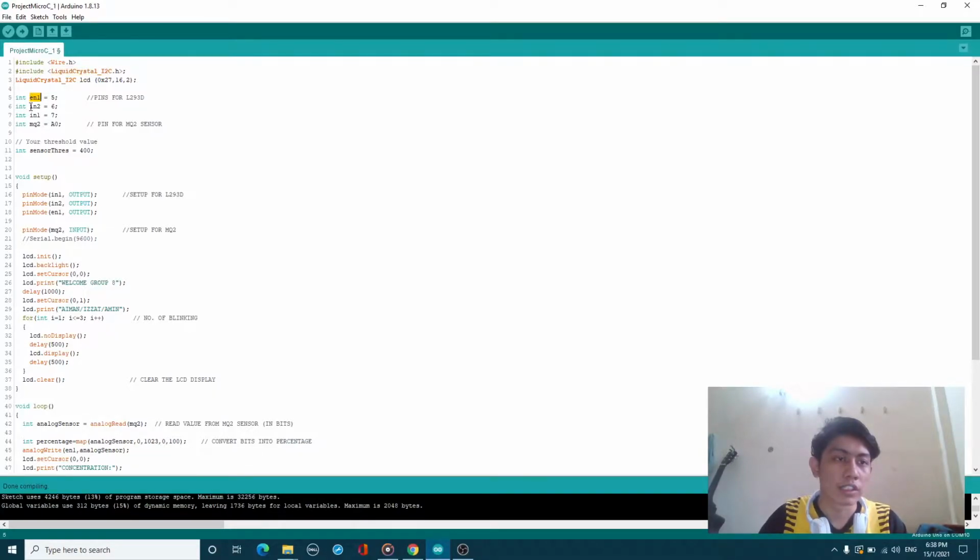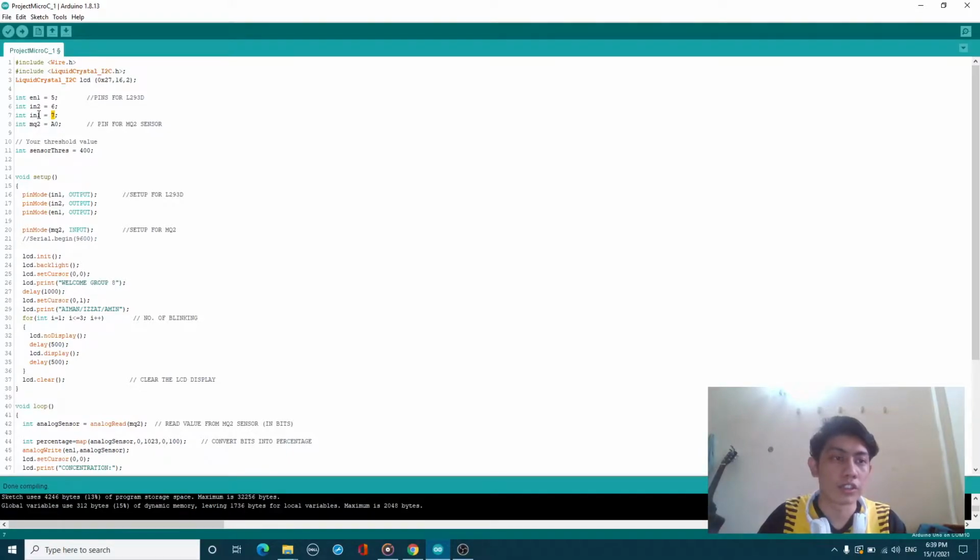IN1, EN1, IN2 for the L293D, and it's connected to pin number 5, pin number 6, and pin number 7 respectively.